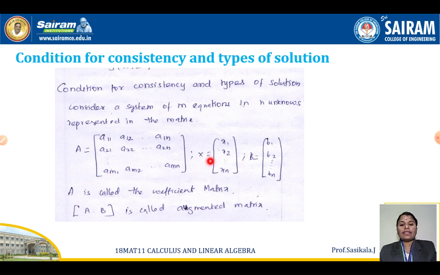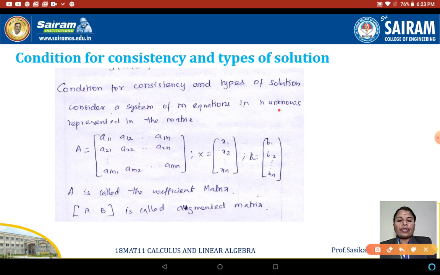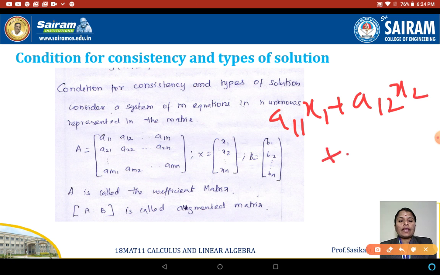Capital X is nothing but the unknowns, x1, x2, up to xn. So a total of n unknowns will be there, and B is nothing but b1, b2, up to bm. A is called the coefficient matrix. One equation I'll show you: a11 x1 plus a12 x2 plus and so on, up to a1n xn, which is equal to b1.